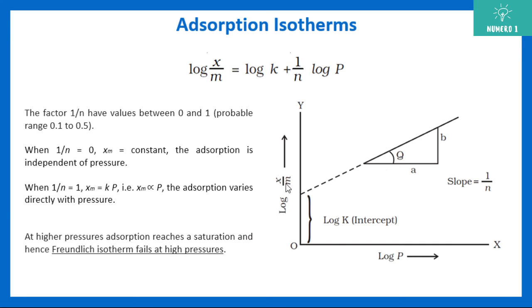If I plot log of x by m versus log of p, I should get a straight line with slope equal to 1 by n, and c is the y-intercept. So this distance from this point to this point is your log k, the intercept on the y-axis.